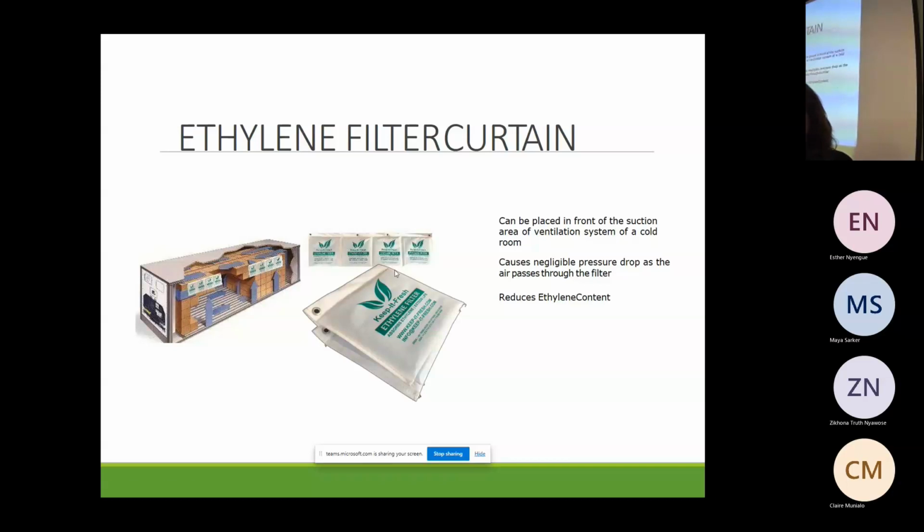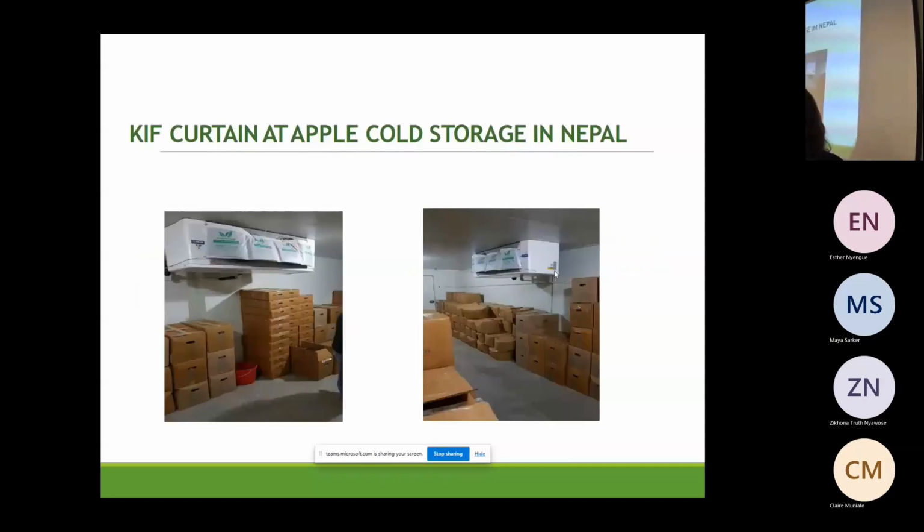They can be hung within a building or within the boxes that they have, and it causes negligible pressure drop as the air passes through the filter, and it also reduces ethylene content within the environment of the fruits.